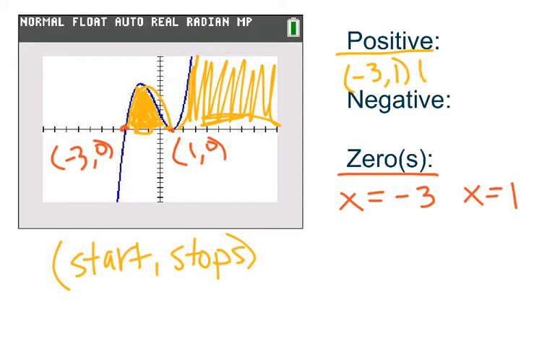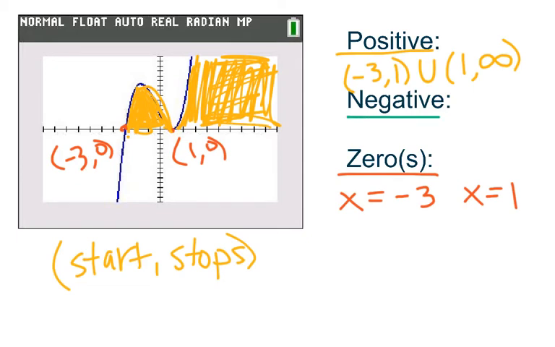And then again, you start at 1 and you go all the way to infinity. So when you're doing interval notation, you're talking about the x-coordinates. When the x-coordinate starts at -3 and goes to 1, it's above the x-axis. And then at 1, and anything bigger than 1, it's going to be above the x-axis.